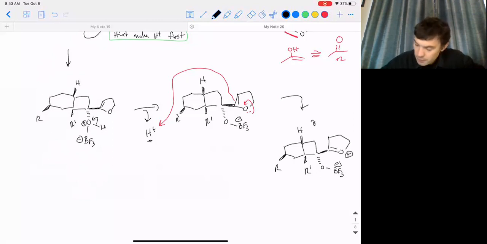And again, this now is an oxocarbenium ion. Very key intermediate for a lot of reactions that ketones undergo, including things like acetal formation or acetal hydrolysis. So you definitely want to keep that in mind. All right, now this oxocarbenium ion has a resonance structure.